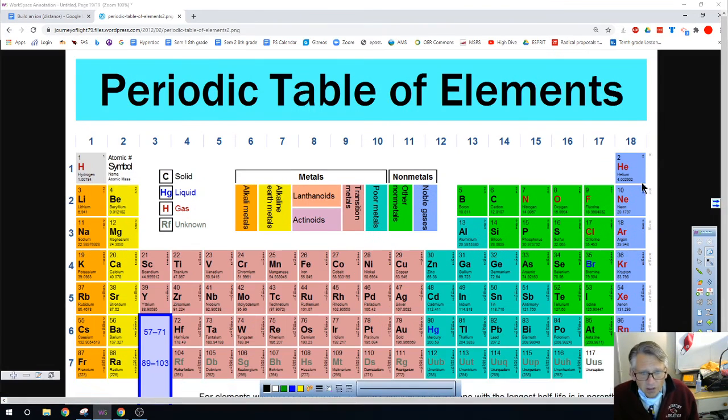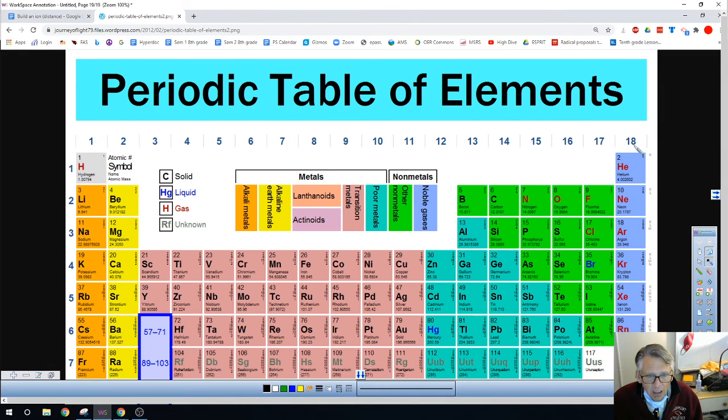Now let's take a look at this last group, group 8 or 18. Helium is a little bit different because it has 2, but it can only hold 2 in its first shell. So if we take a look at these, they're all full. So what do they want? They want nothing. They want nothing to do with really anything.